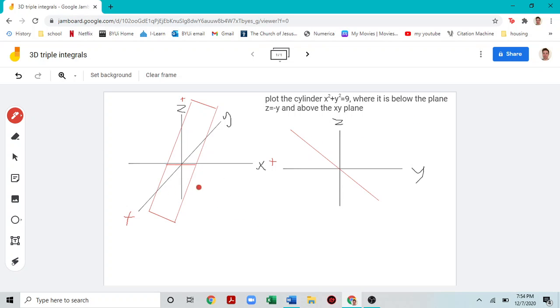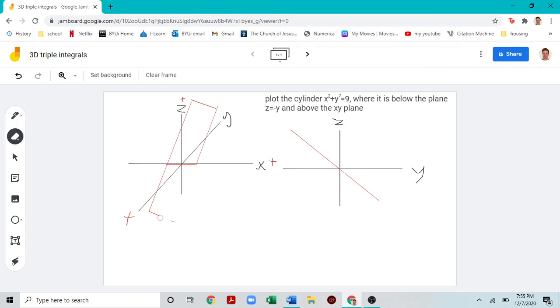So it's going to be right there. And the reason I put that there is you can see that it's below the plane z equals negative y, and above the xy plane. So the xy plane, this right here, it's got to be above this. It's got to be below this as well. And so this part right here doesn't matter, so we could just clear it up real quick.